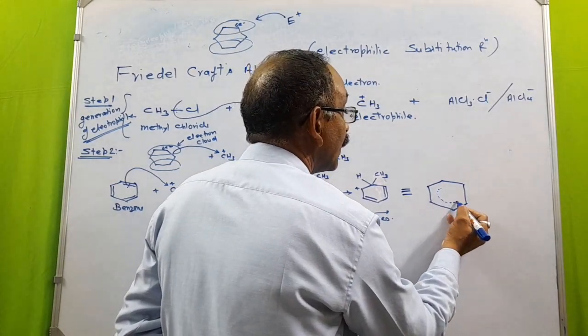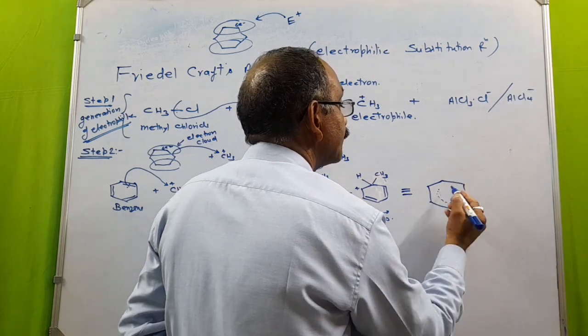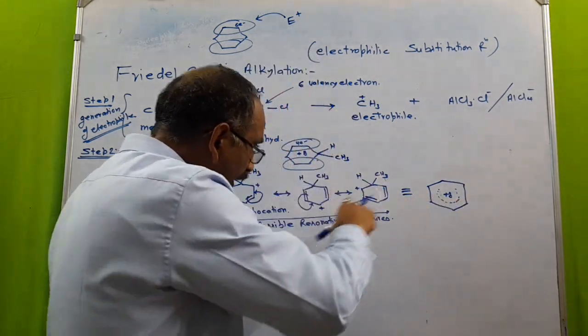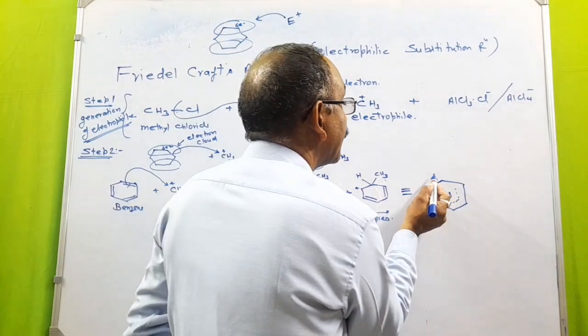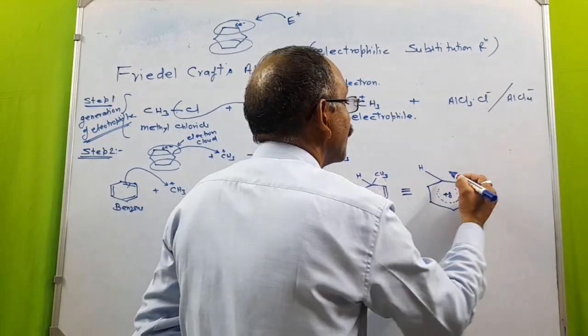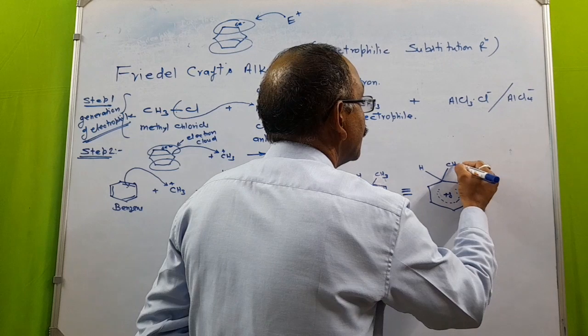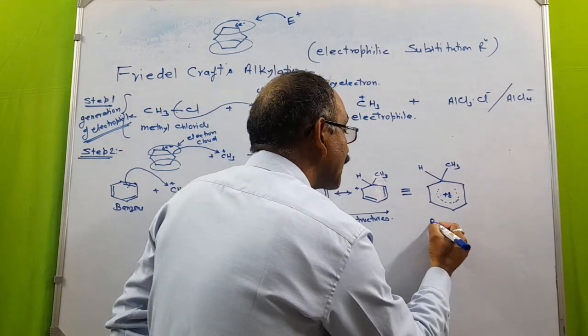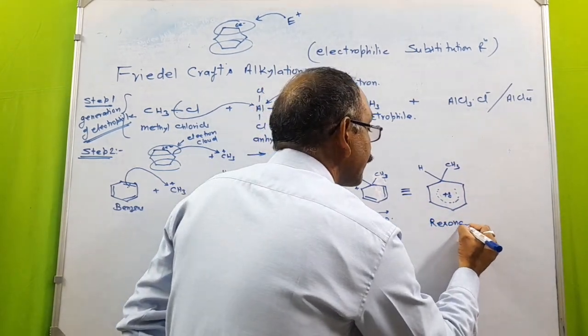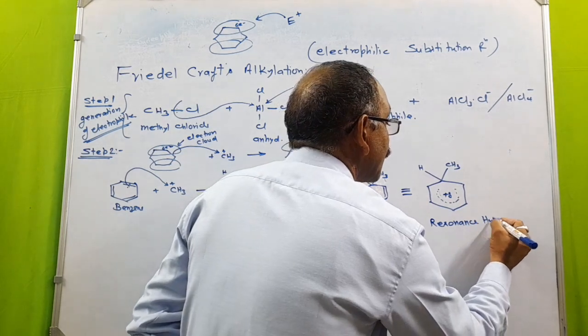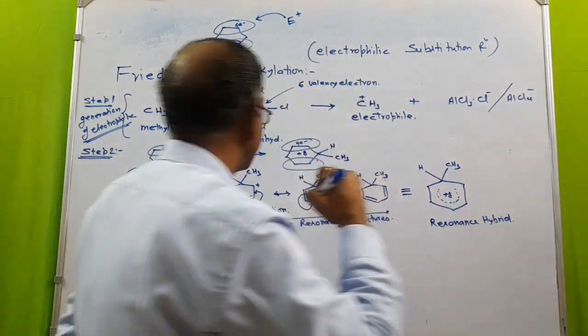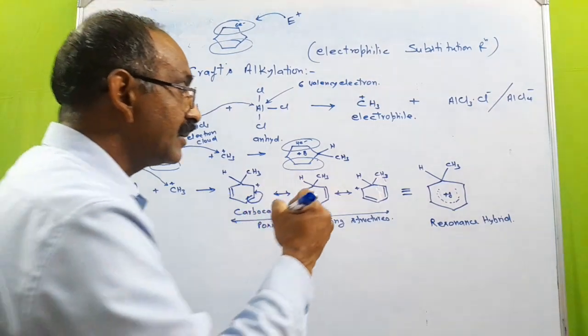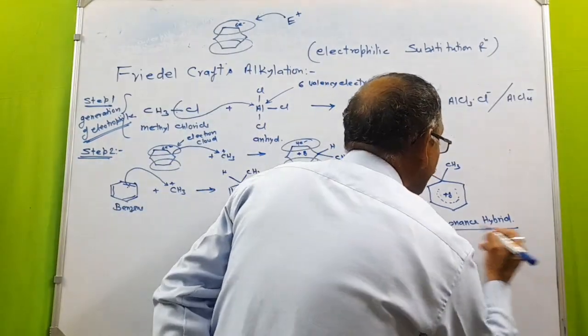Here, the positive charge is rotating over the ring, and at the ring there is hydrogen and CH3. This one is known as the resonance hybrid. Is it clear?